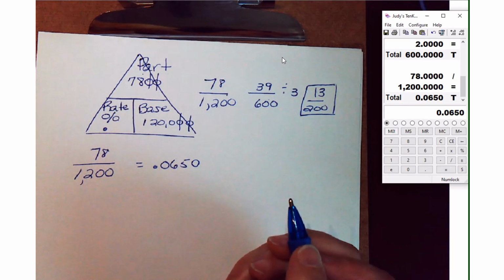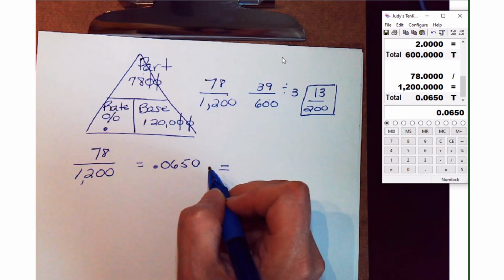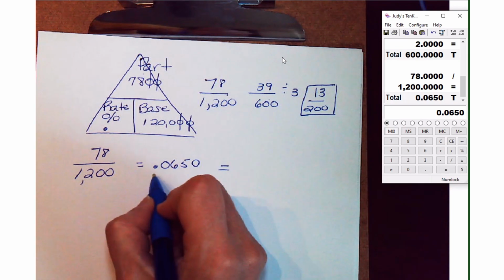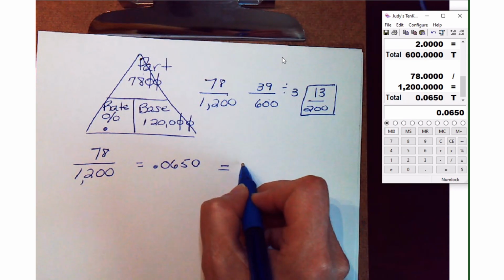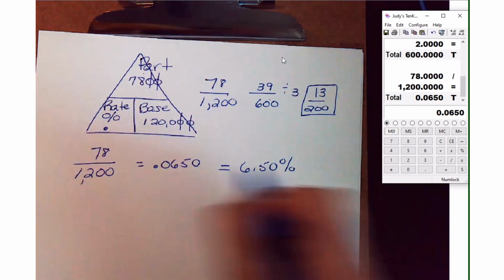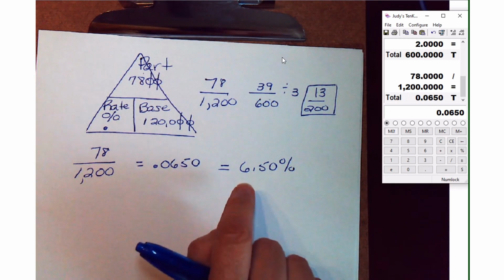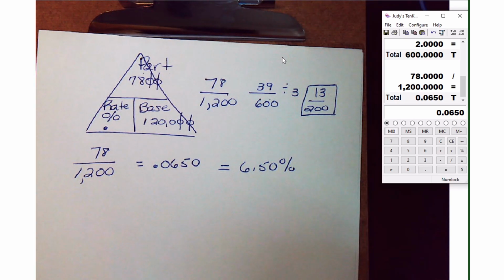Then I can convert that decimal into a percent by moving the decimal 2 places to the right and add the percent sign. So these fractions all mean the same amount. So what was his percentage rate? 6.5% is the commission that he received.